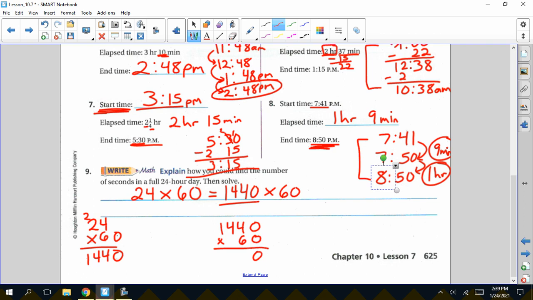I'm just going to drop those two zeros down first. And then I'm going to go 6 times 4. 6 times 4 is 24, plus the 2 would be 26. And 6 times 1 is 6, plus 2 is 8. There are 86,400 seconds in one day.